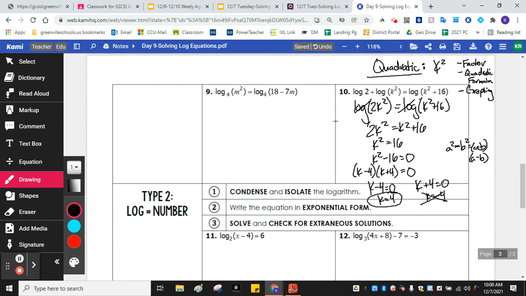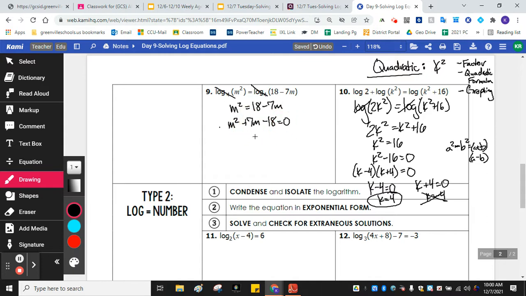Last one, just to help you practice your factoring a little bit. They're both log base 4, so we can skip that step. Once you see m squared, a quadratic equation, you have to solve by one of these: factoring, quadratic formula, or graphing. So get everything on the side with x squared or m squared. Try to keep your m squared positive if possible.